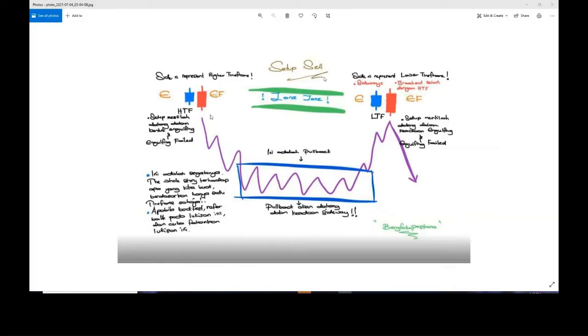When we have a zone, we wait for the price to come back into the zone, and we wait for one or two time frames below the setup. You can go for the third time frame, but it's a bit high risk.